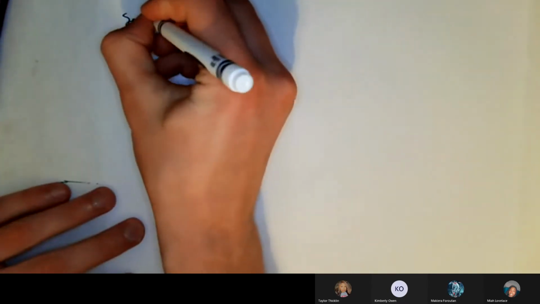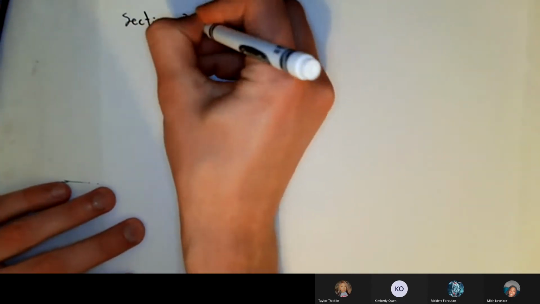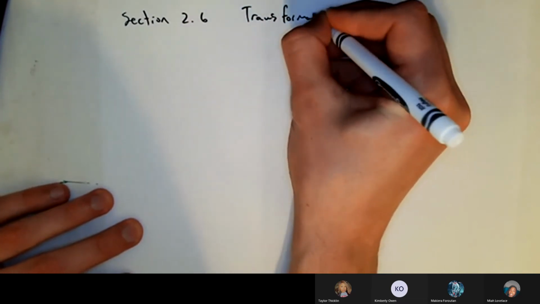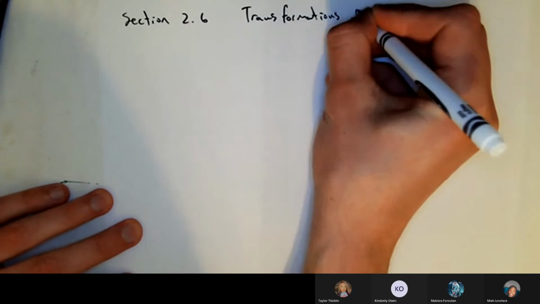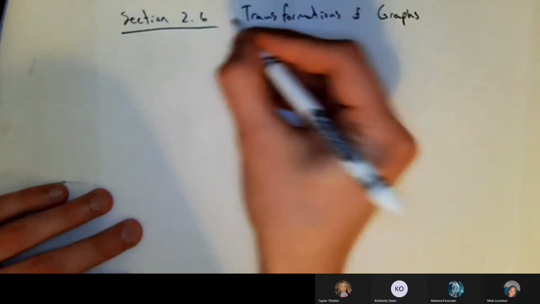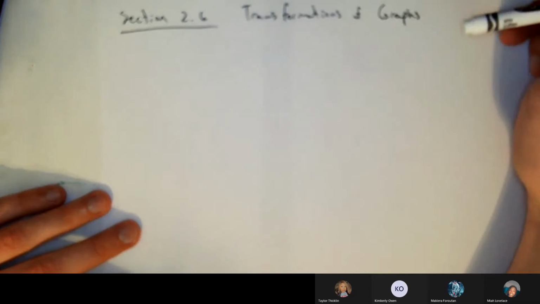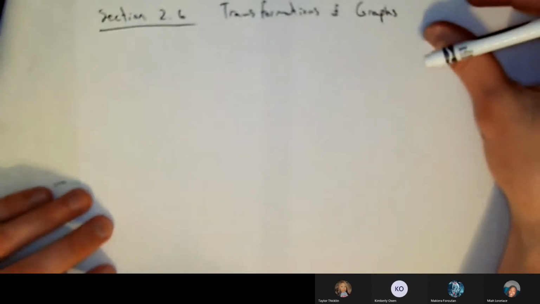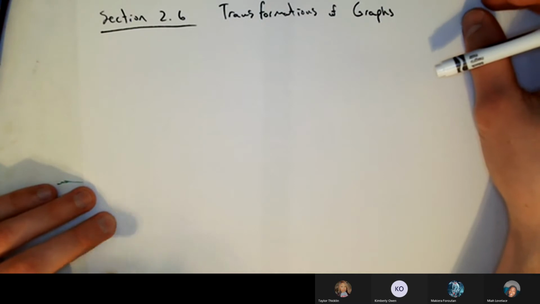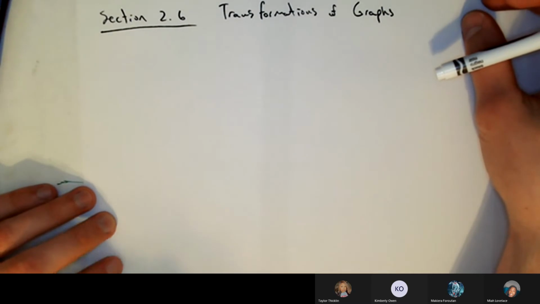Okay, let's look at, what are we looking at now? 2.6. All right, you need to know your base graphs. Now, we talked about a few different types of base graphs.